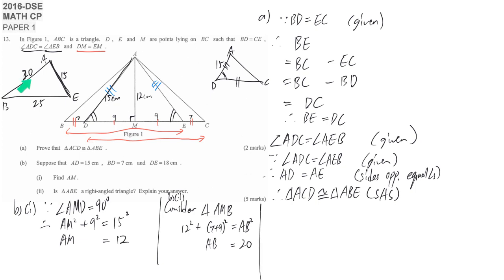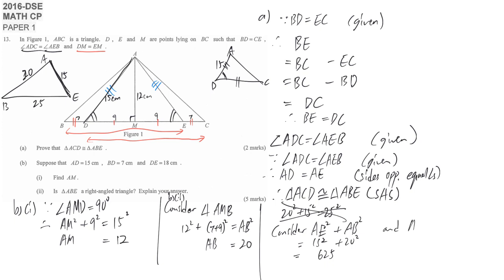Now we compare these three sides to see whether they fulfil the Pythagoras theorem condition. Very important: you have to imagine that you don't know that. You are going to find out whether they are the same. So don't write 20 squared plus 15 squared equals 25 squared directly. We are just considering AE squared plus AB squared, which is 15 squared plus 20 squared, equal to 625.